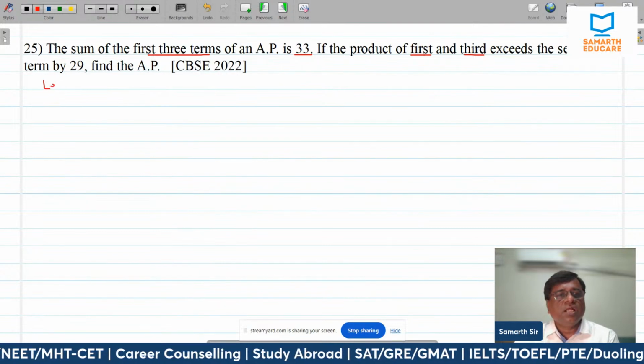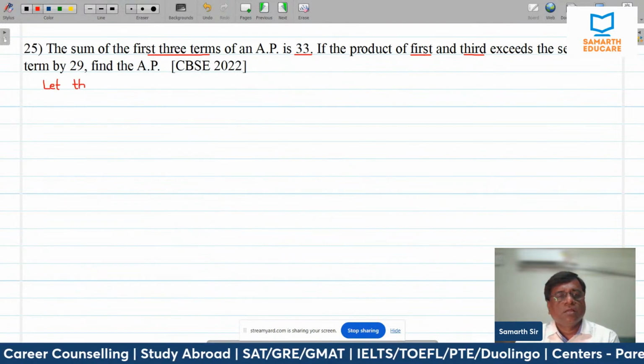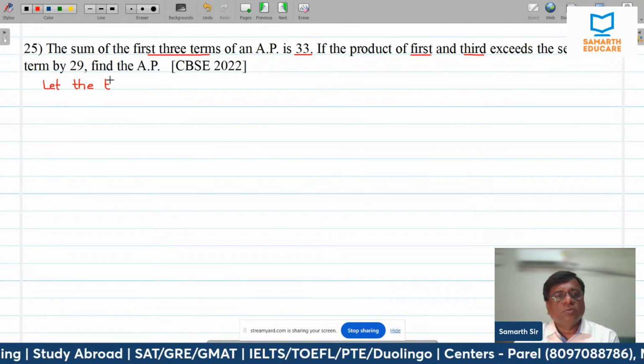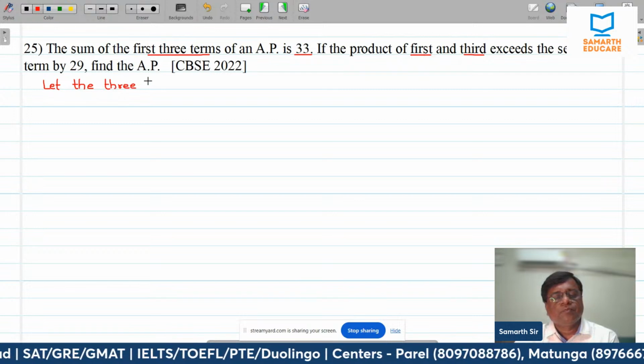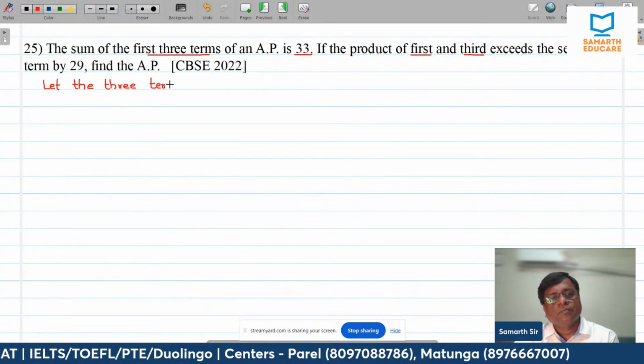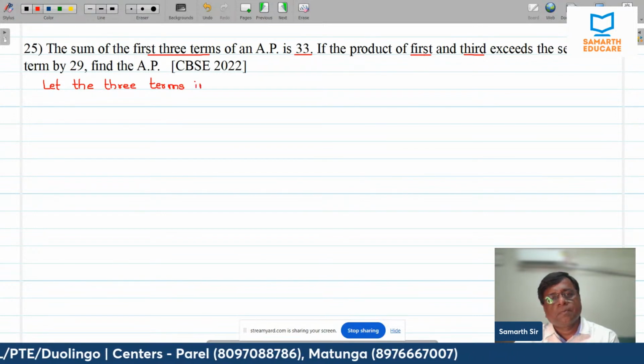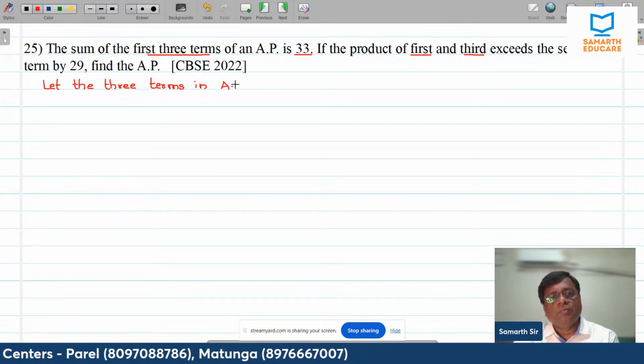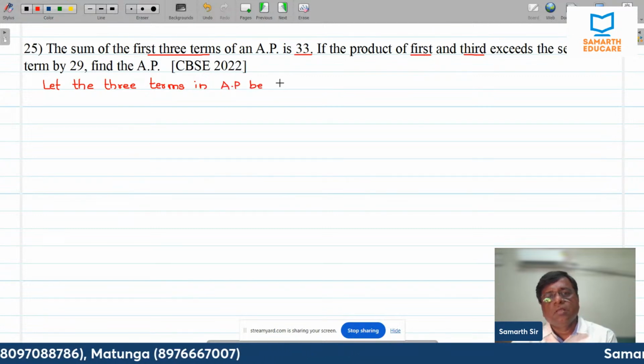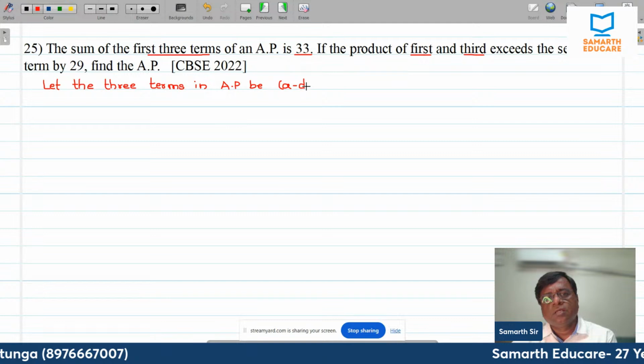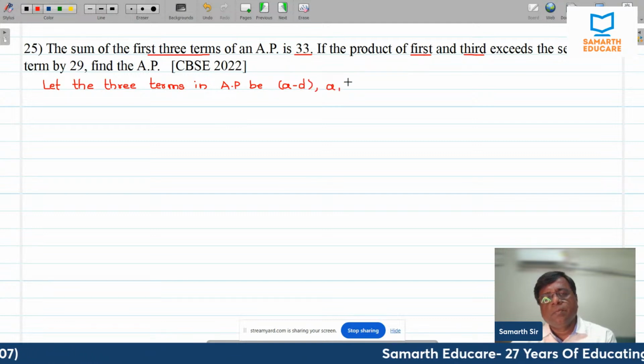So let me say that let the three terms in AP be a minus d, a and a plus d.